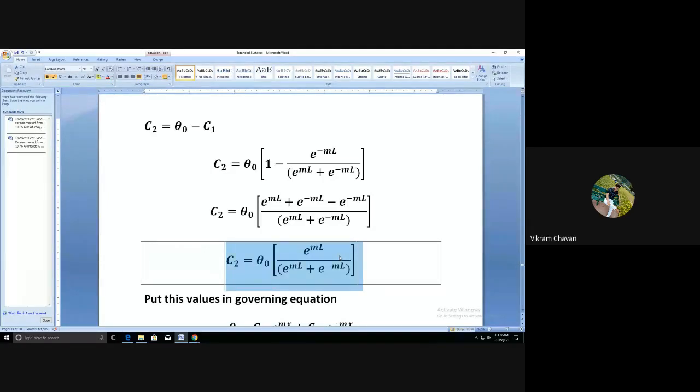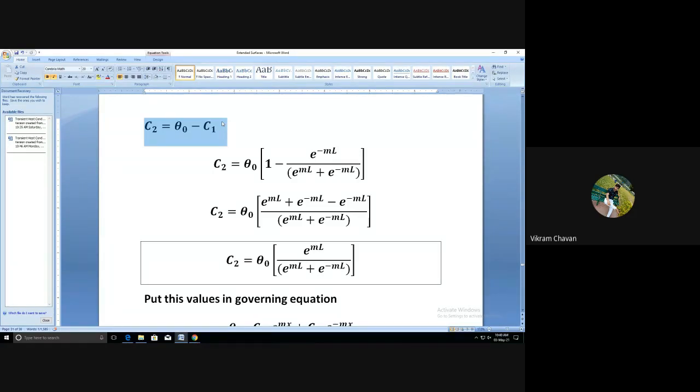Getting everyone? So just consider this equation, C2 is equal to theta naught minus C1, that we have considered. We can consider from equation number 2, which is derived from the first boundary condition, that is nothing but theta naught is equal to C1 plus C2. By converting that equation in the form of C2, we get C2 is equal to theta naught minus C1.